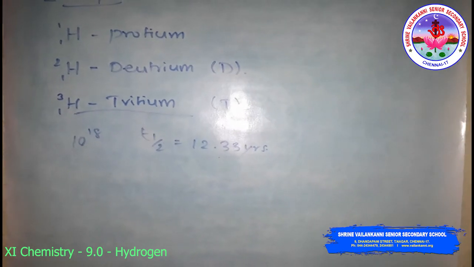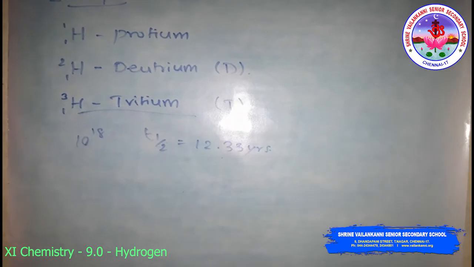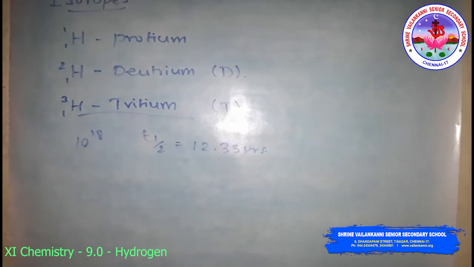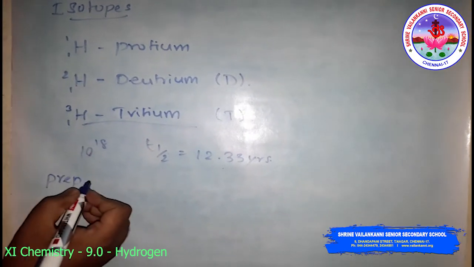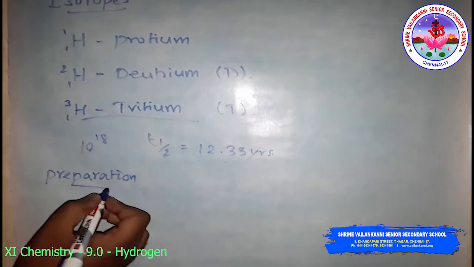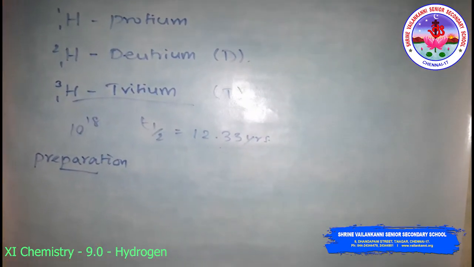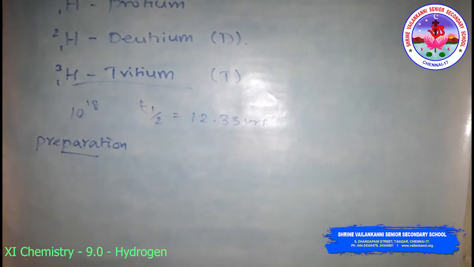Then, preparation of dihydrogen. There are a number of methods for preparing dihydrogen from metals and metal hydrides.